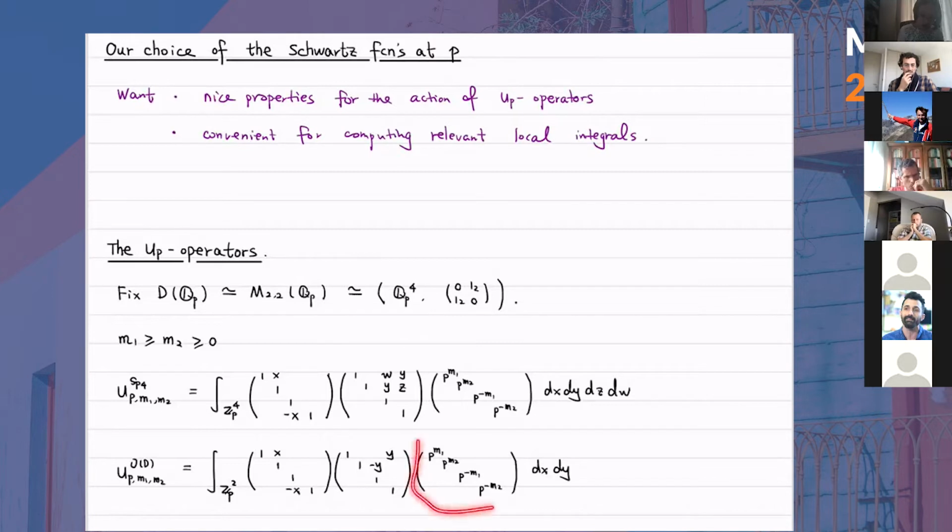So again, first something with powers of P along the diagonal, and then take the average over the unipotent. And here actually they are unnormalized, because in order to normalize the UP operators, we need to know the information about the Archimedean component. The weight of the Archimedean components is used to normalize the UP operators. So here we only look at the place P, so we consider the unnormalized ones.